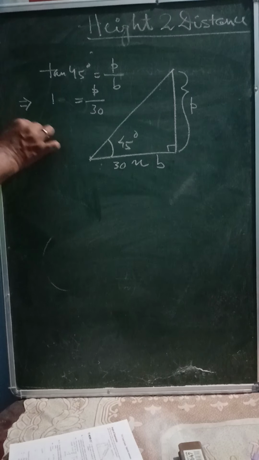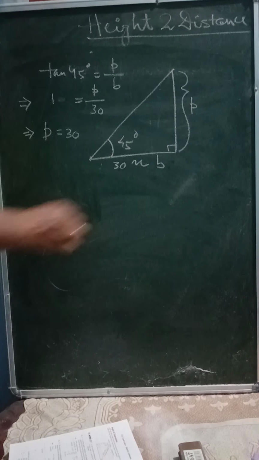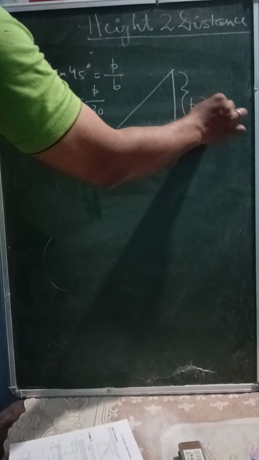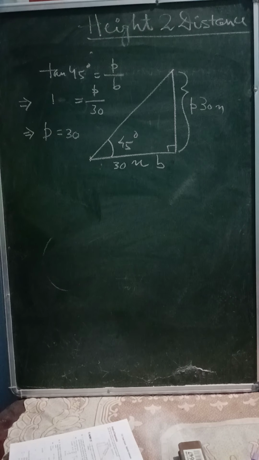So implies that P is equal to also 30. So this is 30 meters. So now we can know that the height of the tower is 30 meters. Understood? So in this way we can solve this question. So it is very easy.